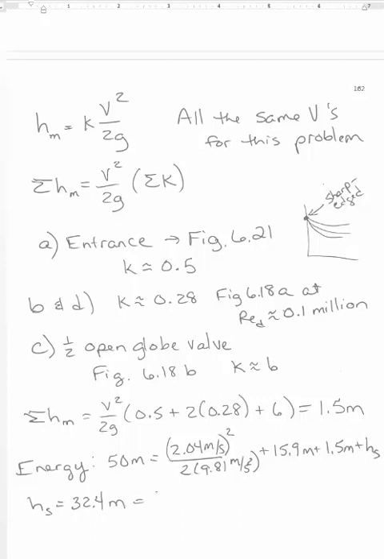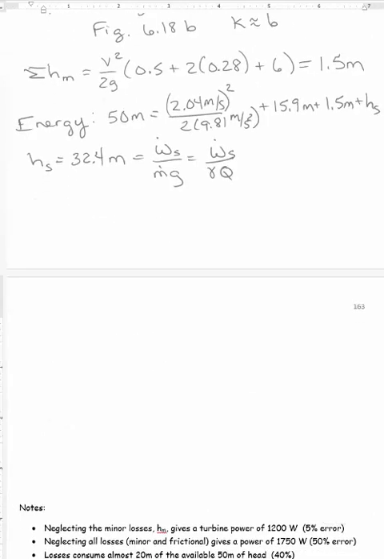What we're looking for was the turbine power. So that HS equals W dot S over m dot g, which again equals W dot S over gamma Q. And so what we're going to get is W dot S, and remember W dot S that we're calculating from the energy equation is what we're going to get from the fluid.